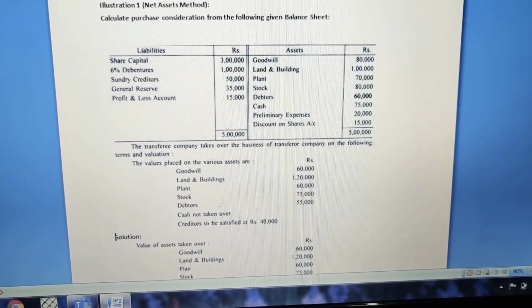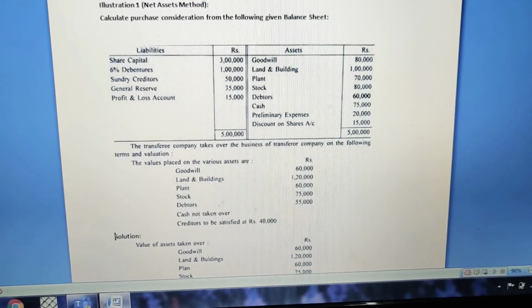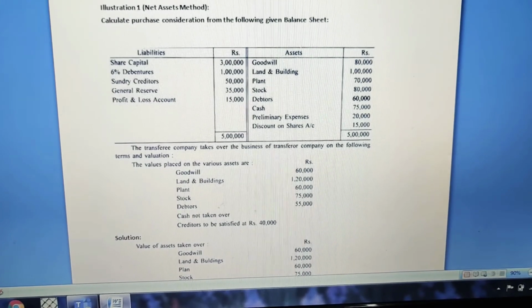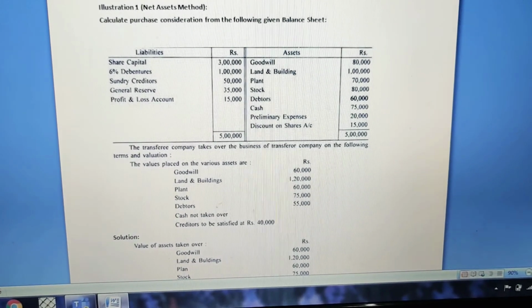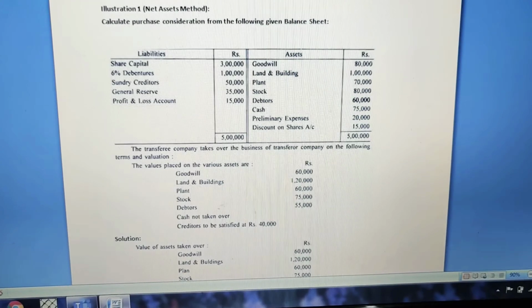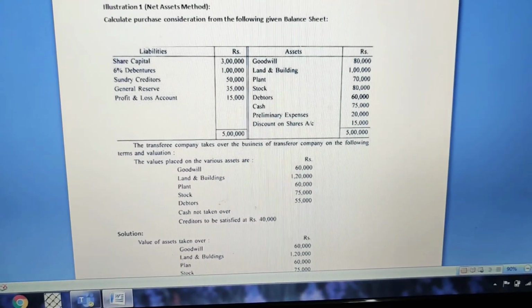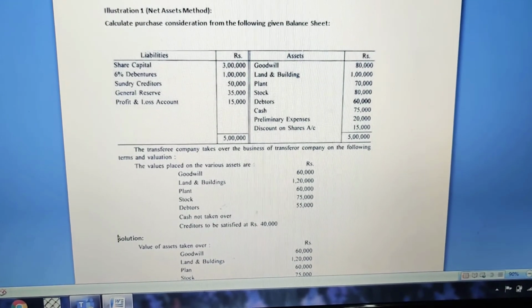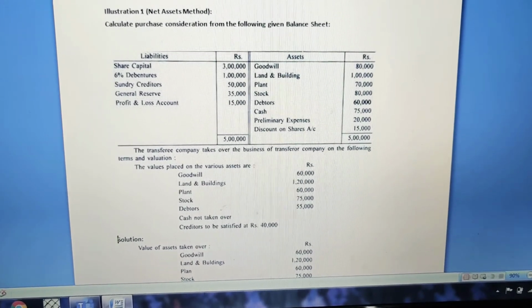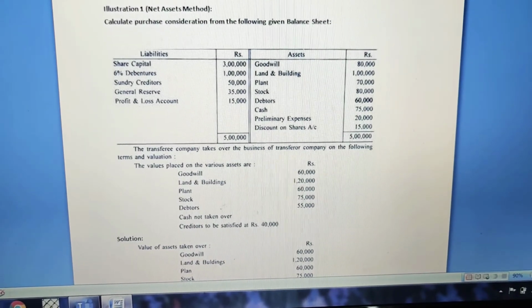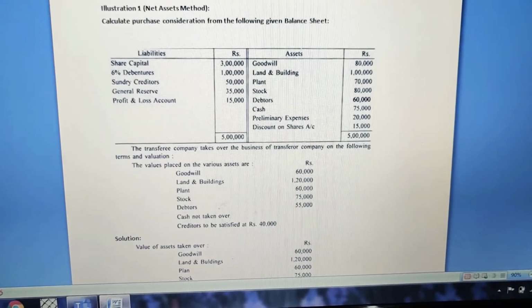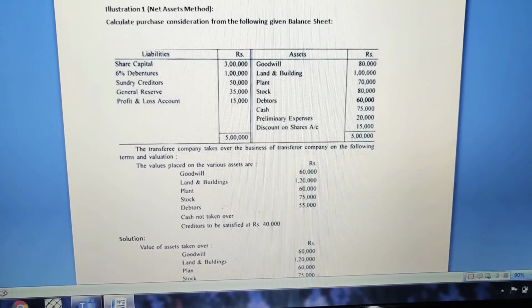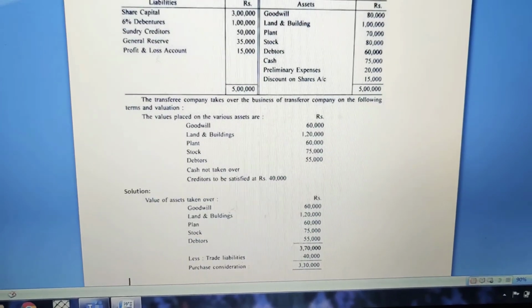On the liability side, general reserve and profit and loss account are related to the equity shareholders, so you don't have to transfer these. But if the question specifically mentions particular assets, creditors or liabilities that the transferee company takes from the transferor company, you must watch for them carefully and take only those into your purchase consideration.